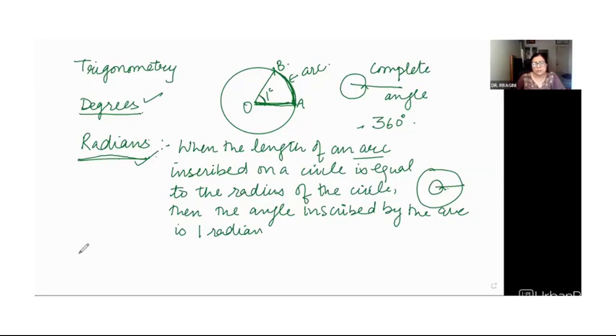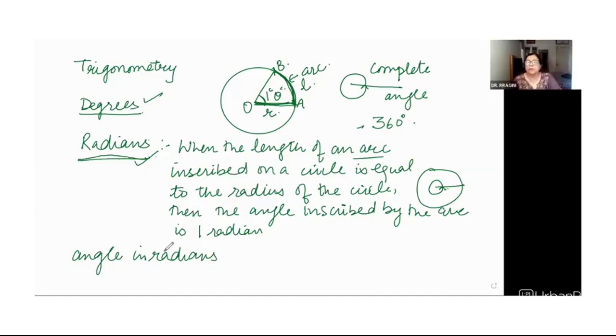Angle in radians. Now you can write that since we have a relationship between the length of the arc, which is L, and the radius, and angle is written in theta. So when this is equal to this, in that case, the angle is 1 radian, right?